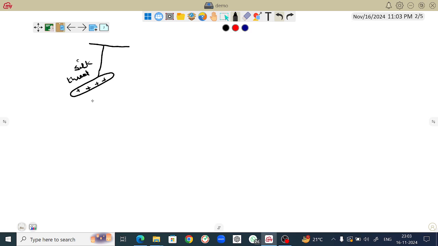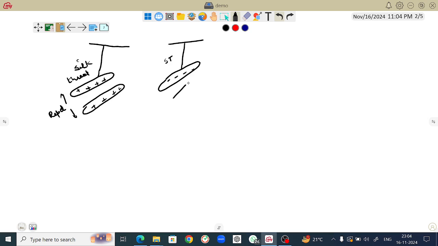When we bring another charged glass rod near this suspended glass rod, we observe that these two glass rods repel each other. Similarly, when a charged plastic rod is suspended with a silk thread and we bring another plastic rod near it, we observe that these two rods repel each other.